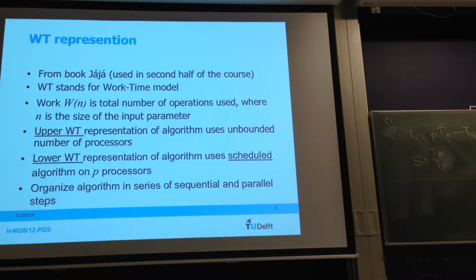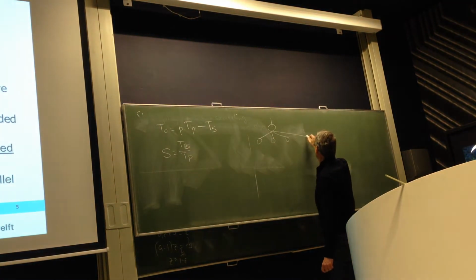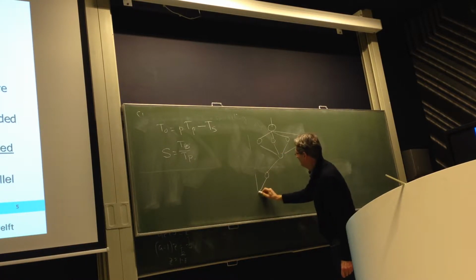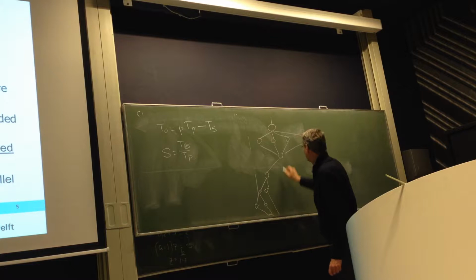The premise is that we organize an algorithm in a series of sequential and parallel steps. So if we have an algorithm, we have a serial step, then we fan out, we reconvene, we fan out again, and we may fan out more here, but in the end we come back again.